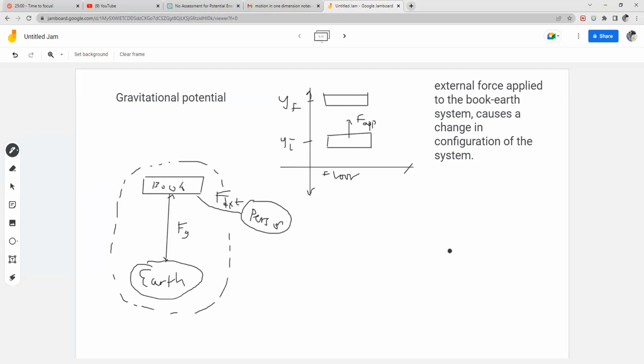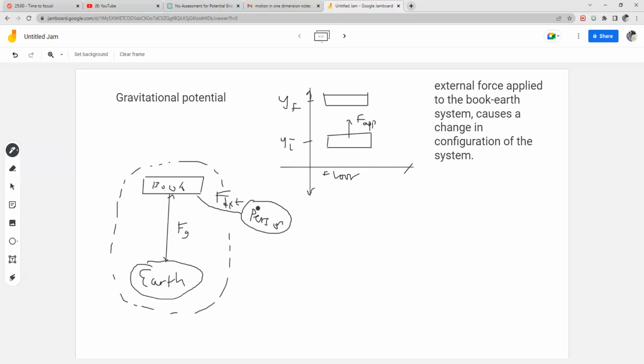Okay. So the point is, this change in configuration causes a change in the energy of the system. So what kind of energy is changed in the system? Did the kinetic energy of the system change? Like, did the Earth move?